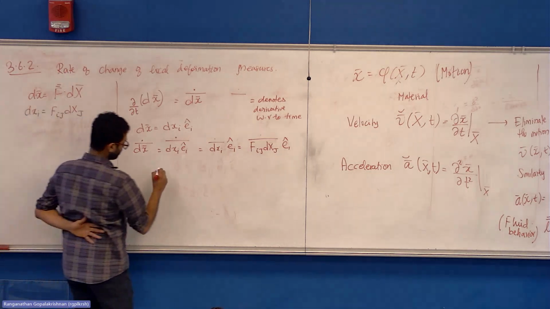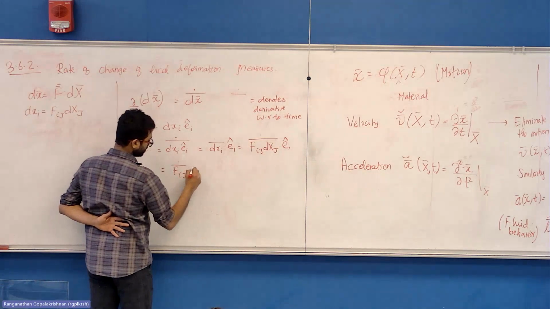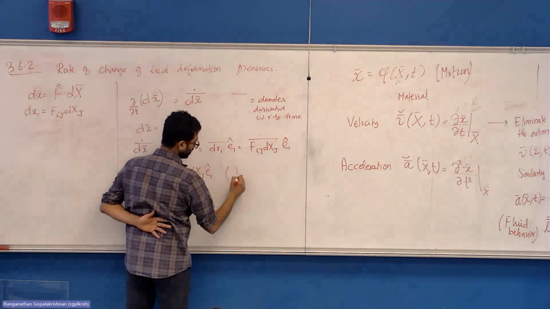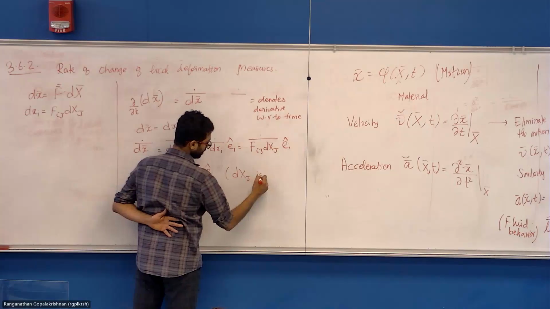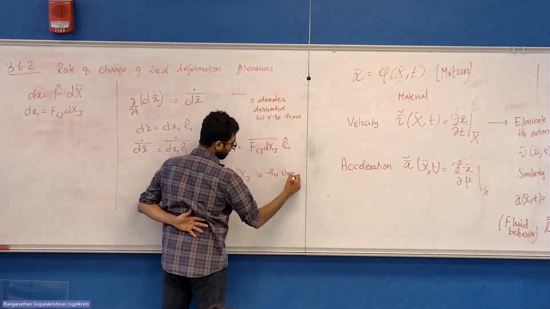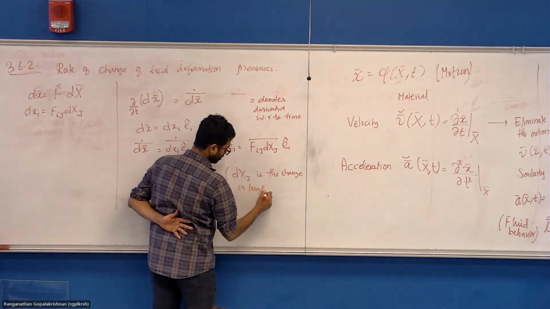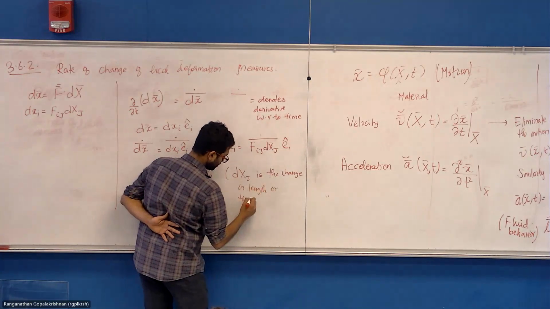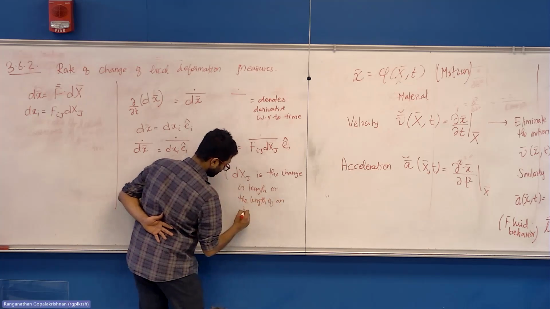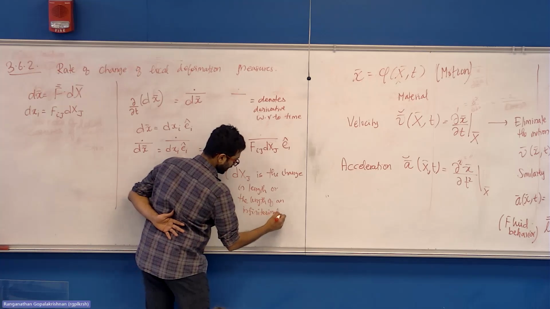This I can write Fij dot dxj ei, because dxj is the strain or the change in length, or the length of an infinitesimal element.